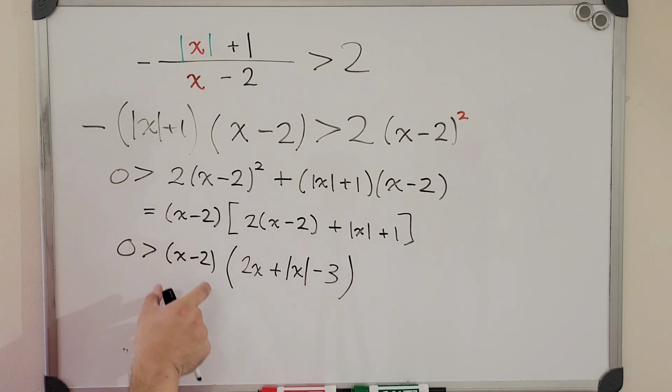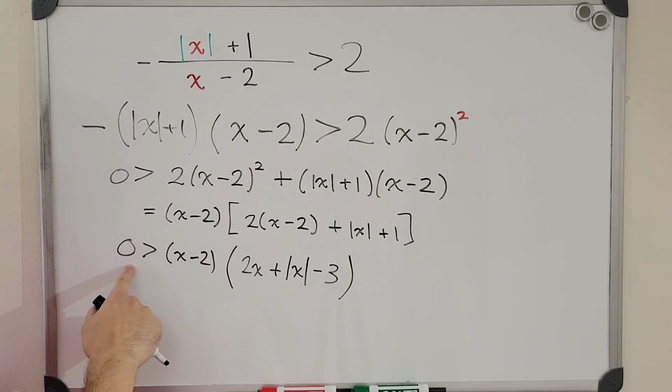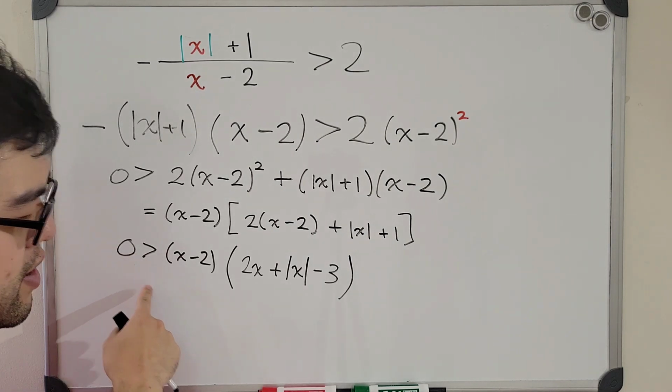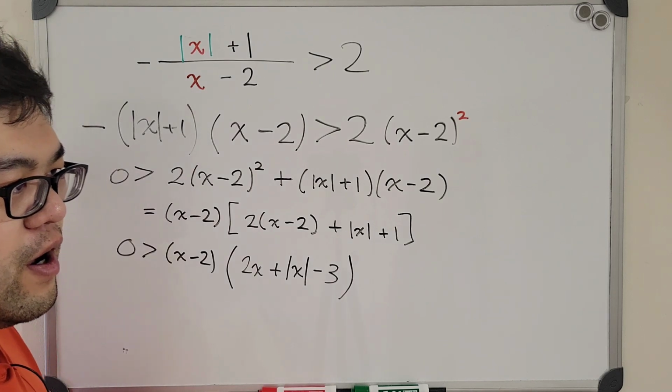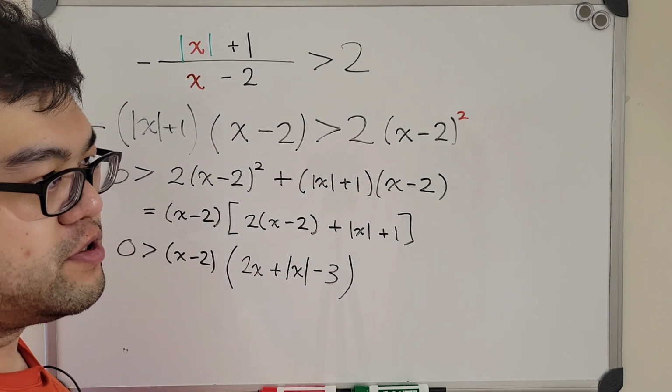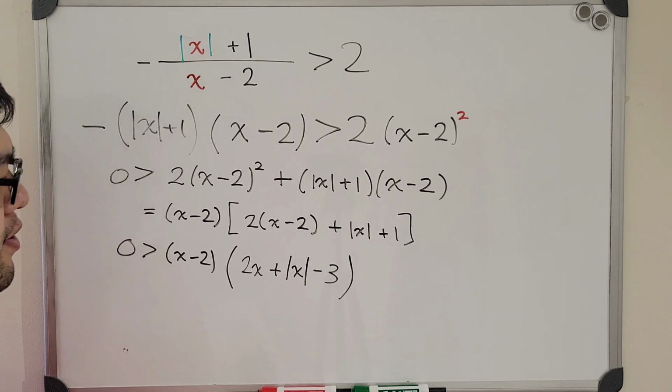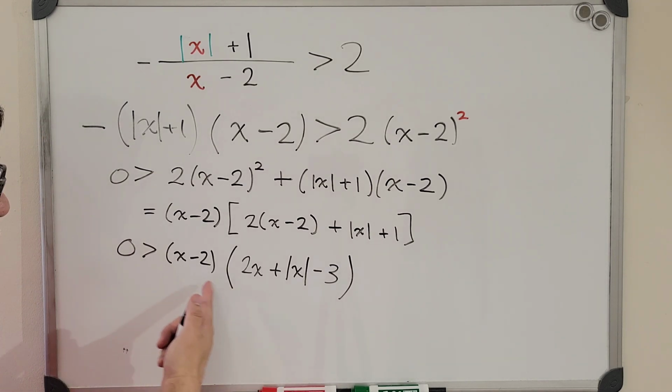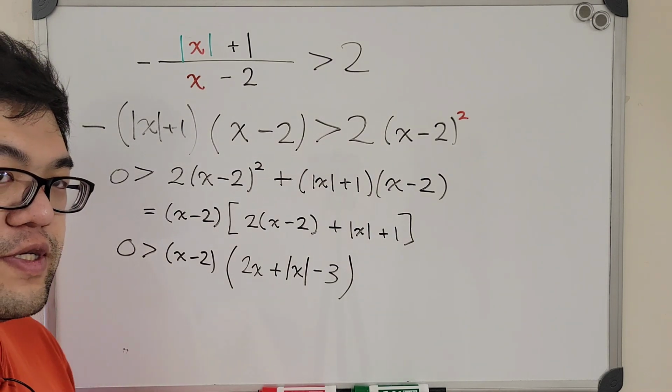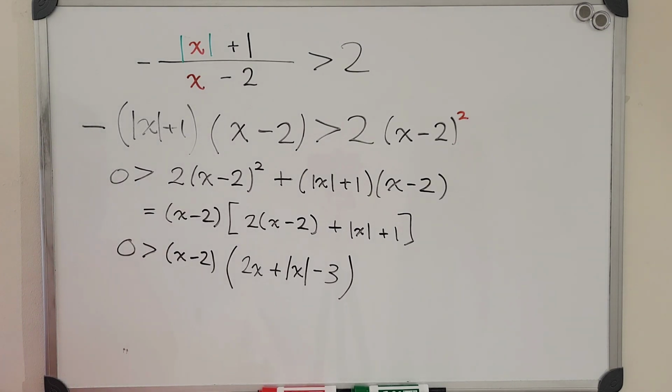Well, first, this part is going to give us a certain value, which is x is equal to 2, if we try to set the inequality sign as equality, just like how we usually solve inequality of polynomials in degree 2 or higher. As we factor out, we now just try to solve for the zeros and then figure out the last step.